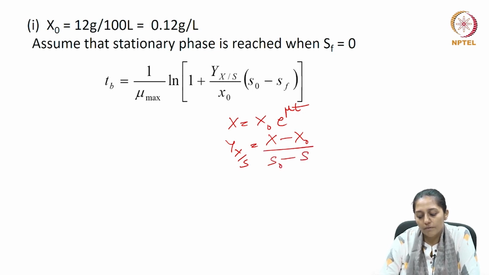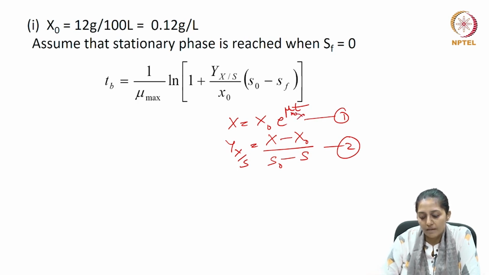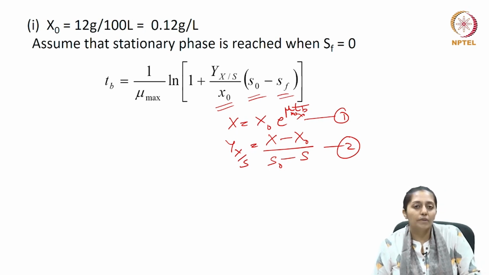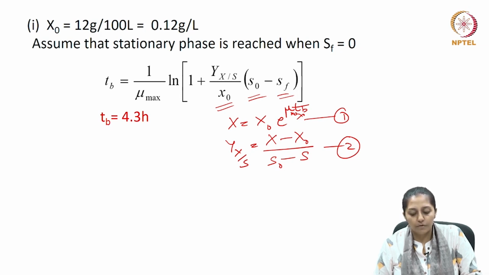And here mu can be assumed as mu max. Then we could relate the batch time as a function of the substrate concentrations and the initial biomass, because the final biomass is not known. So, there can be more than one way to solve a problem. Here you can calculate the batch time after putting the known values in this equation.